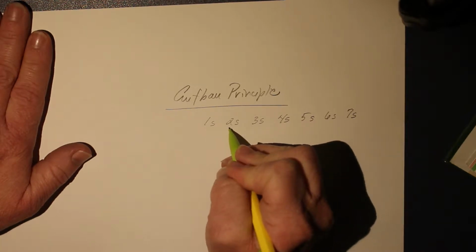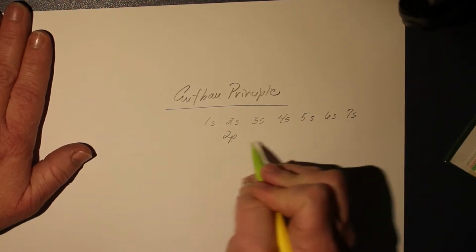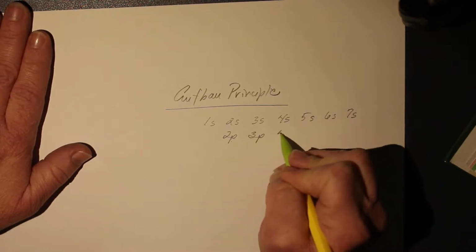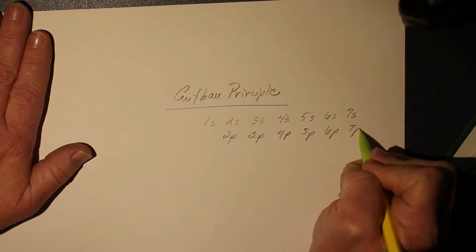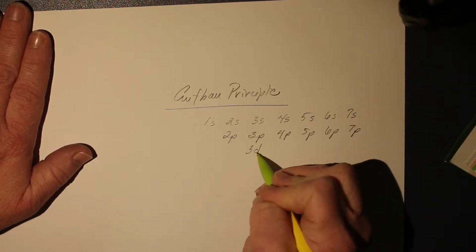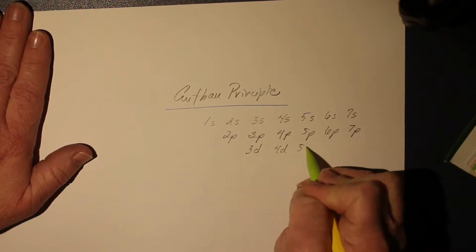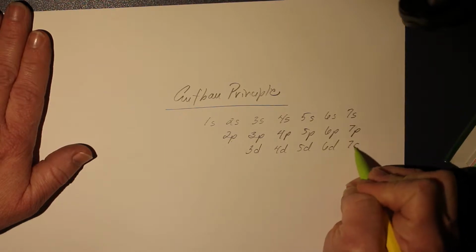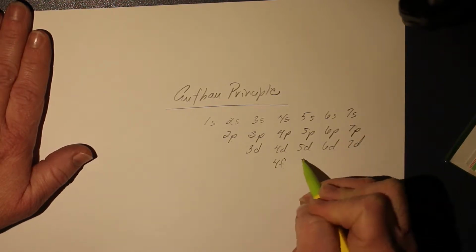In the second energy level, we encounter our first p sublevel. So we have 2p, 3p, 4p, and so on. The third energy level is the first one that's large enough to include a d, so we begin to add that, and the fourth energy level is the first time we would include an f.